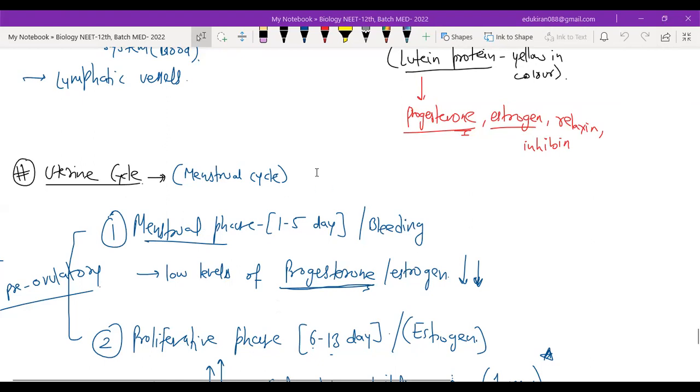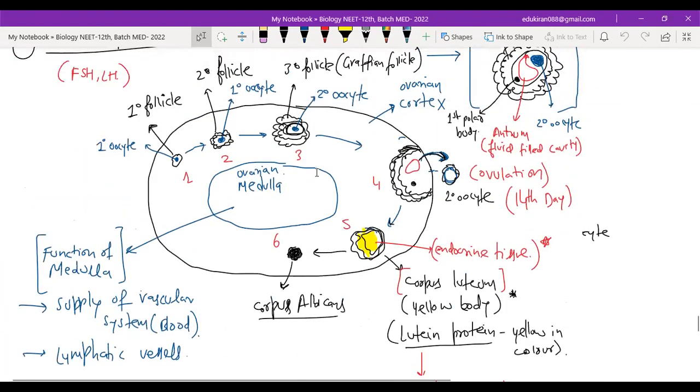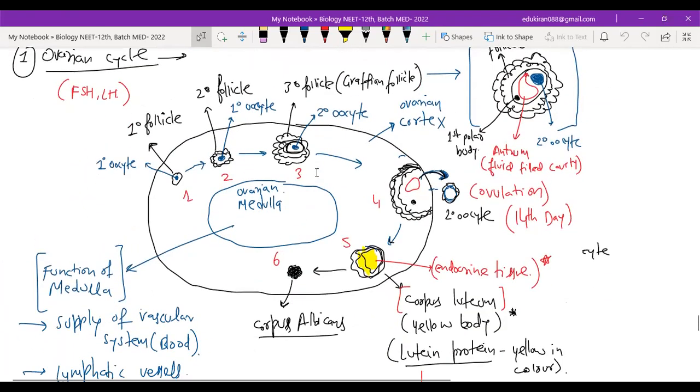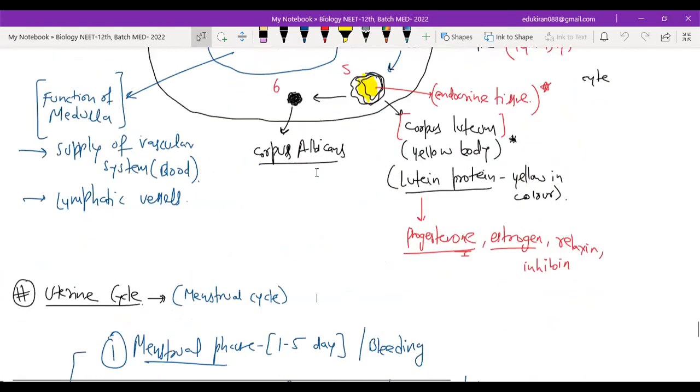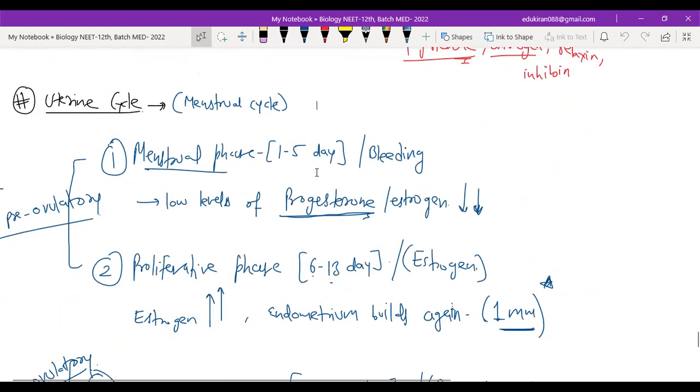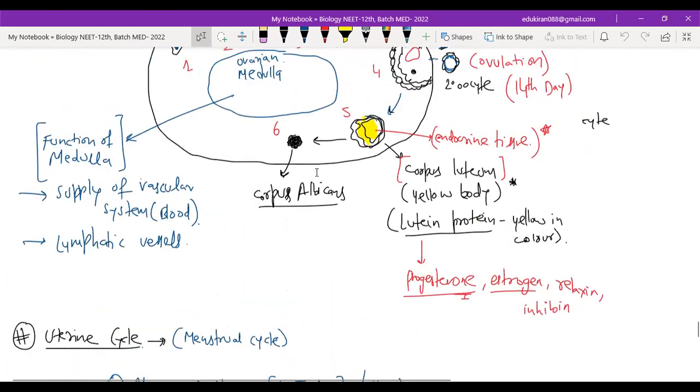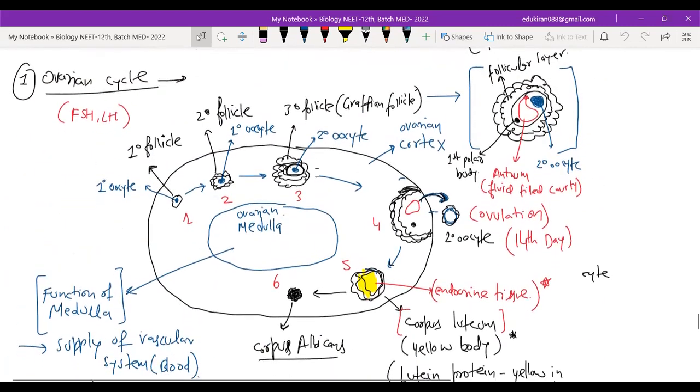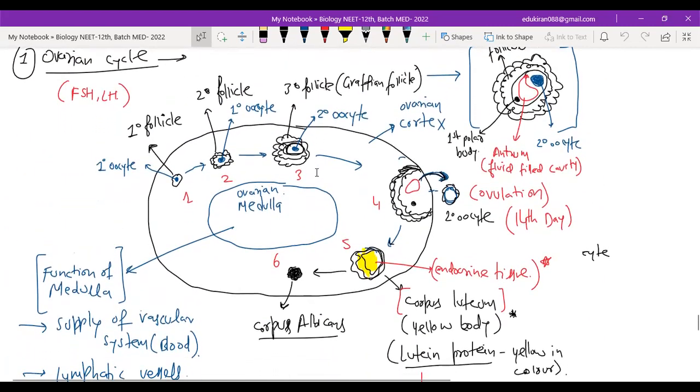Let's start with trying to understand both these cycles, ovarian as well as the uterine cycle, in a combined manner. Before that, let's write about the ovarian cycle first. We have not written any notes about the cycle. For boards, you need notes also.